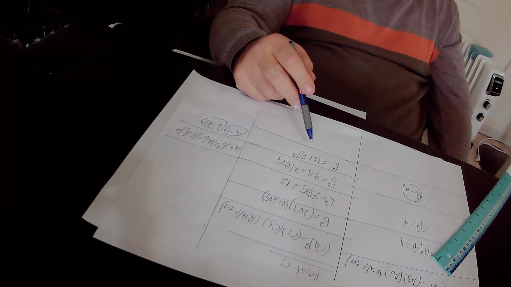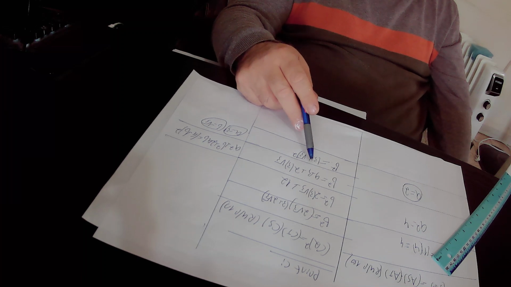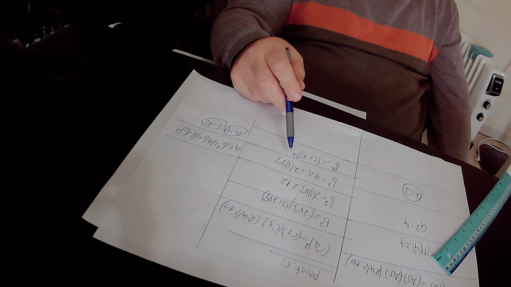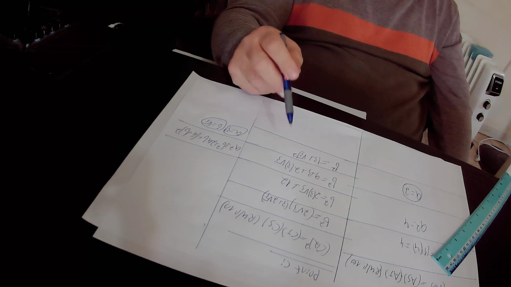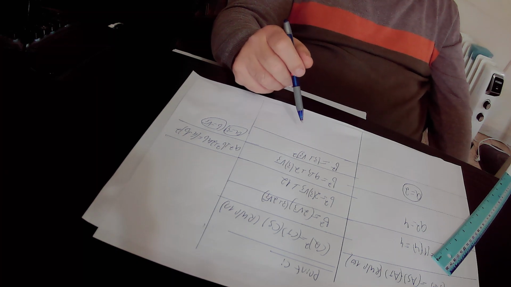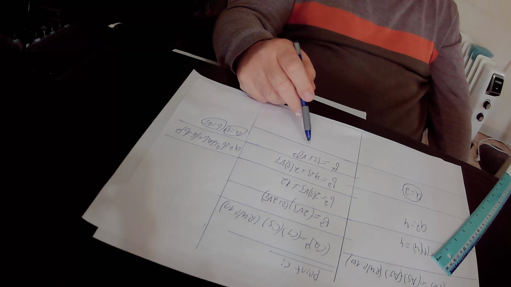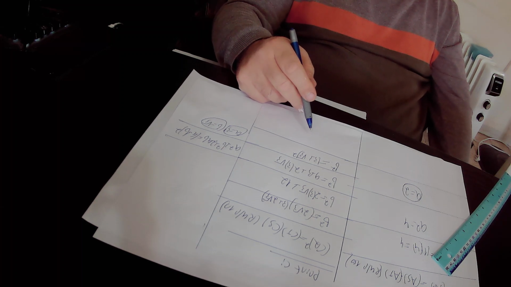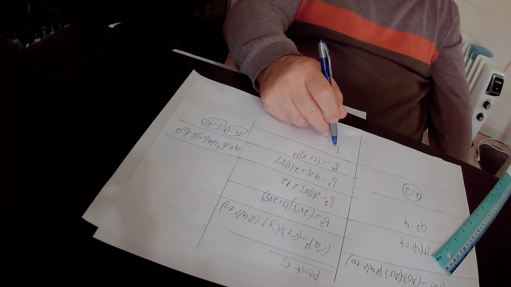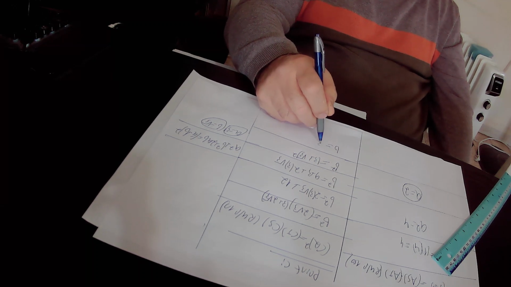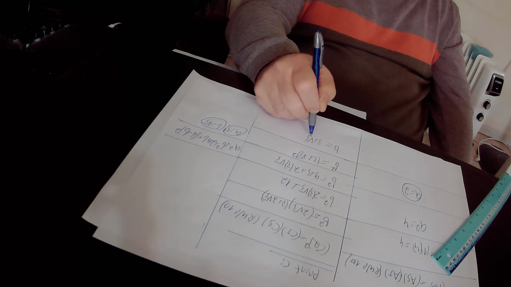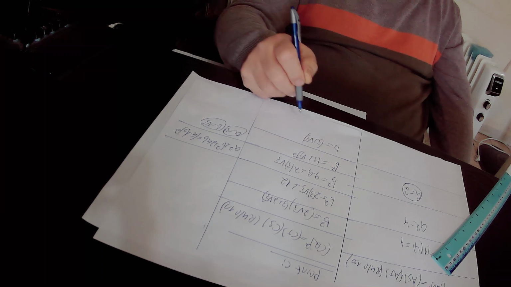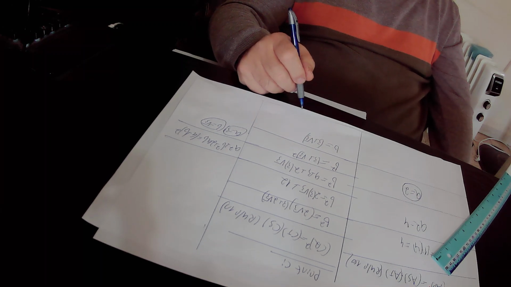Because 3 plus square root of 3 squared equals 9 plus 3 plus 2 times 3 times square root of 3. So in conclusion, b squared equals 3 plus square root of 3 squared. Here we take a root of this equation, and finally we get that b equals 3 plus square root of 3.